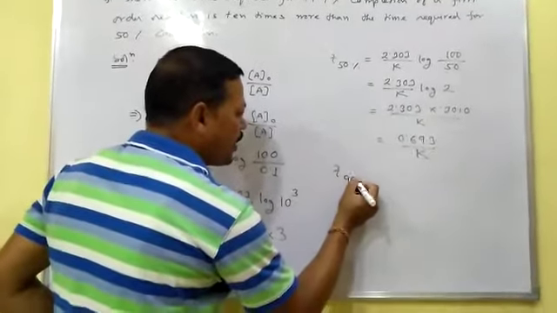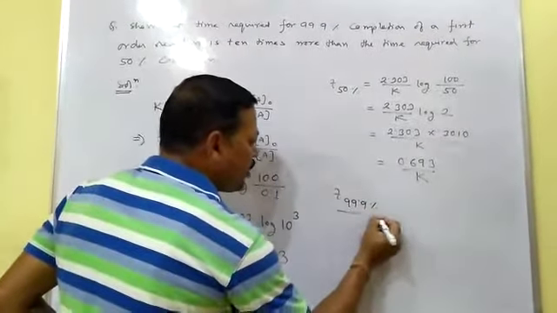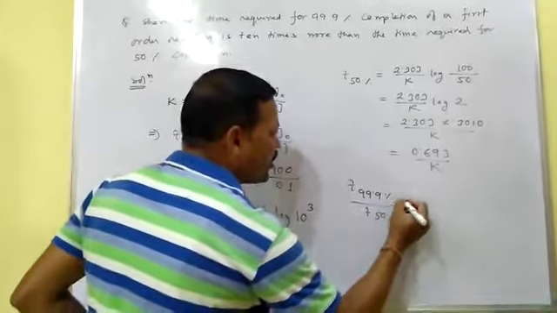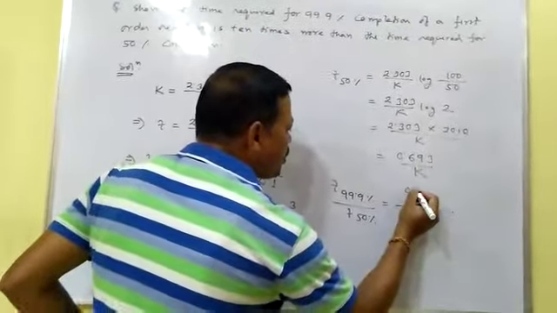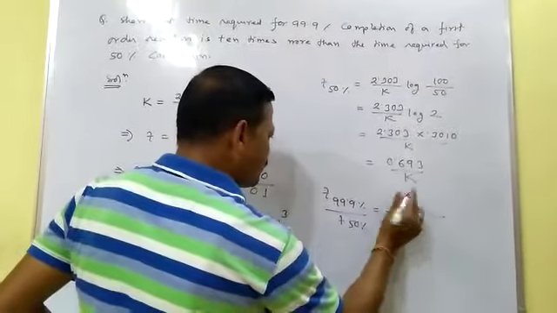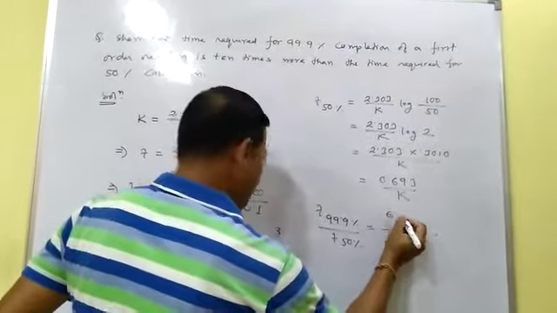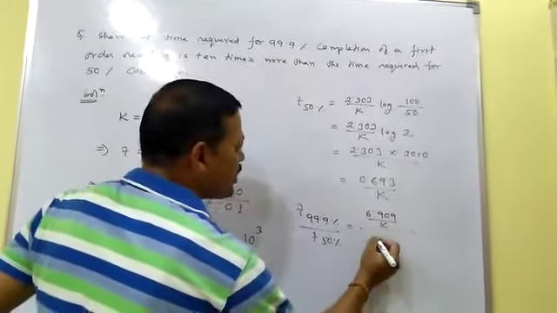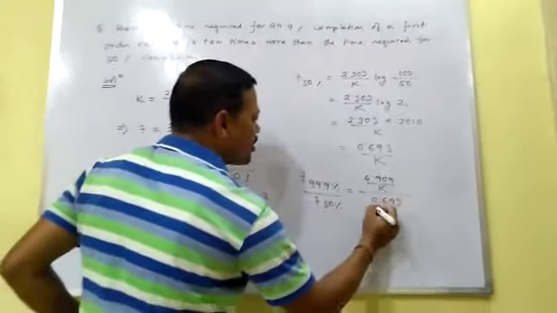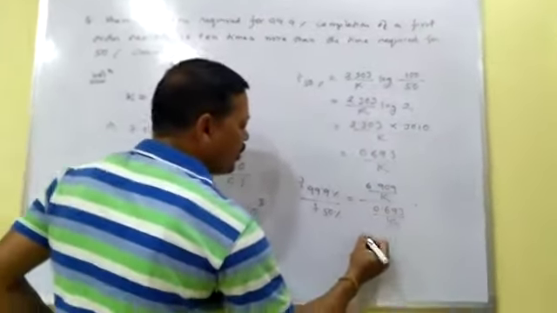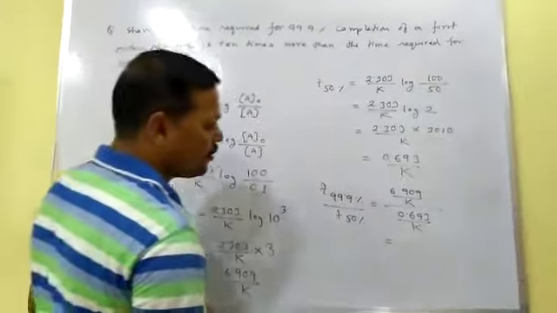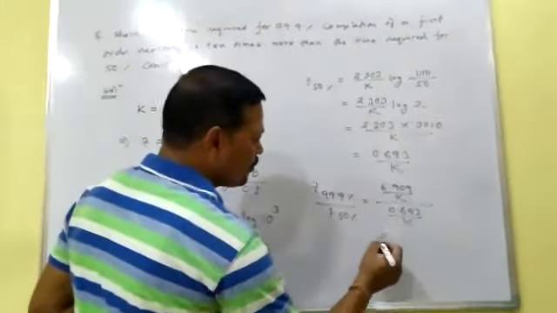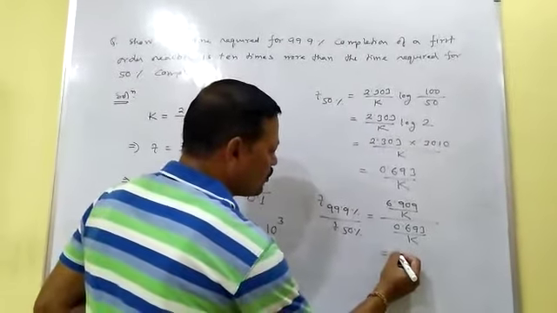Time of 99.9% divided by time of 50% is equal to 6.909 divided by k, and the 50% time is 0.693 divided by k. After doing this you will get 10.